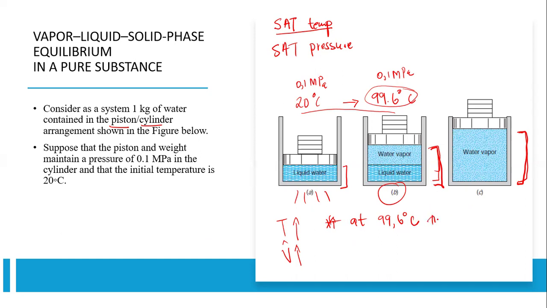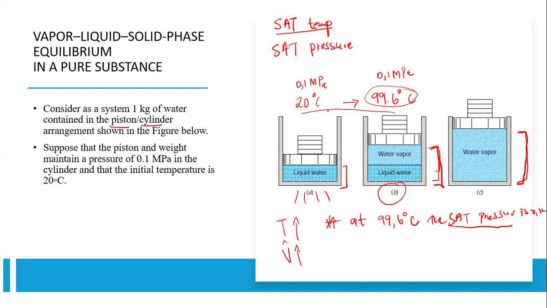The saturation pressure is 0.1 megapascal. You see, when you mention saturation pressure, make sure that you mention it in relation to temperature first. So meaning at this given temperature, which is 99.6 degrees Celsius.